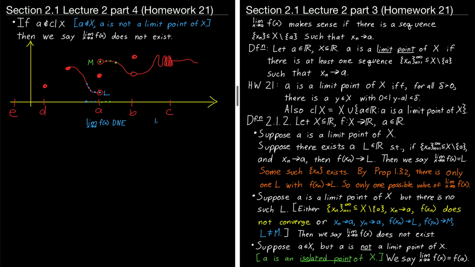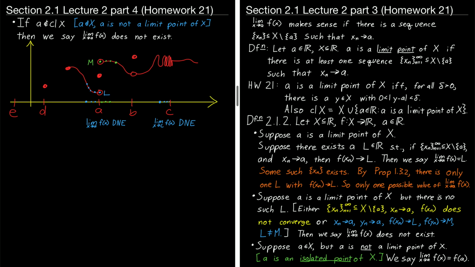And then the limit as x goes to C of f of x also does not exist. This blob I've drawn here is what's called the topologist's sine curve.